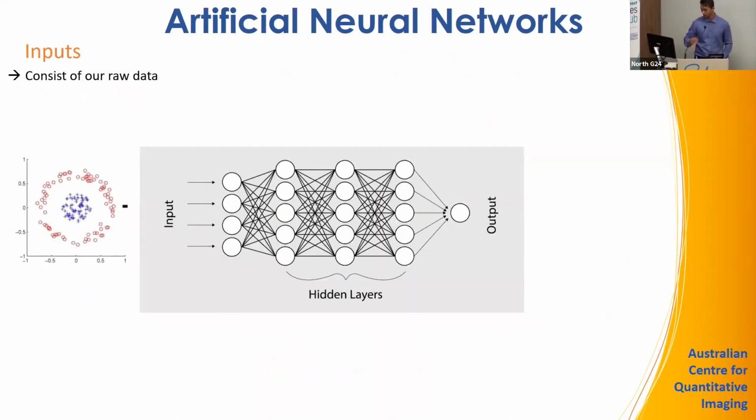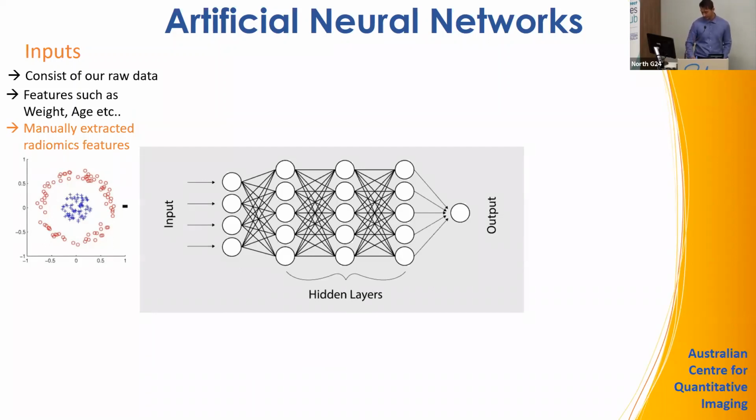It consists of our input layers at the beginning here, and our inputs may be features such as weight or age or other clinical variables, or they may be manually extracted radiomics features as summarized by Nathaniel in his presentation. And these features, as he noted, may number up to the thousands. So you can imagine the data set is highly multidimensional, and finding relationships within that data set is very difficult.